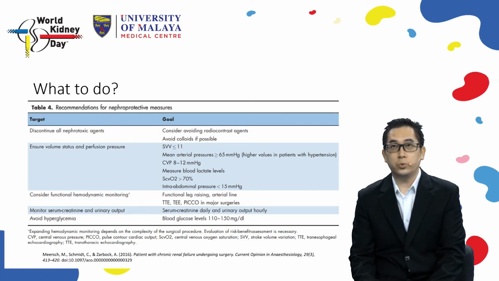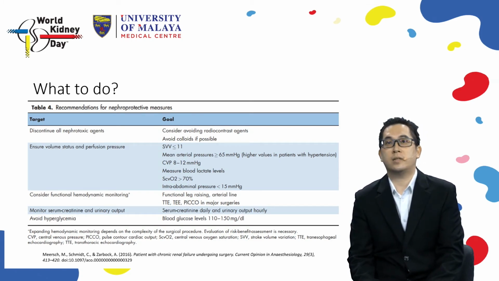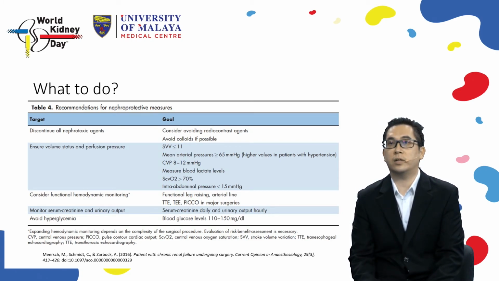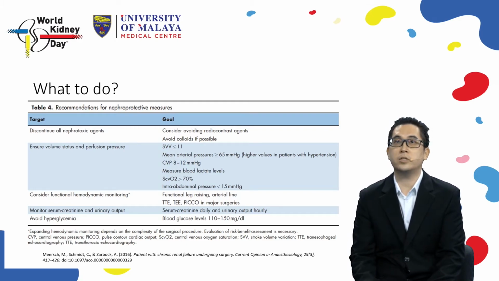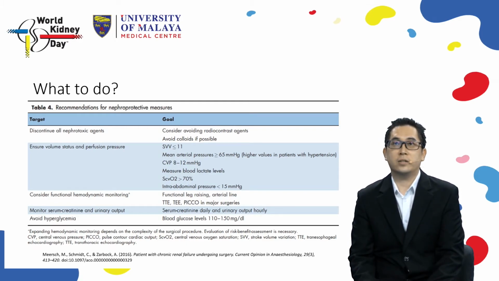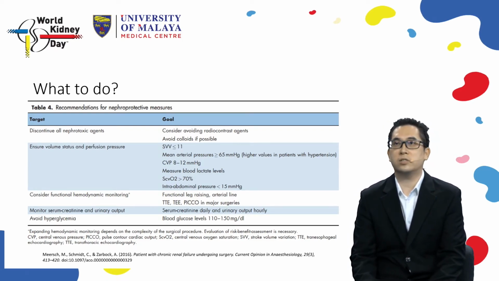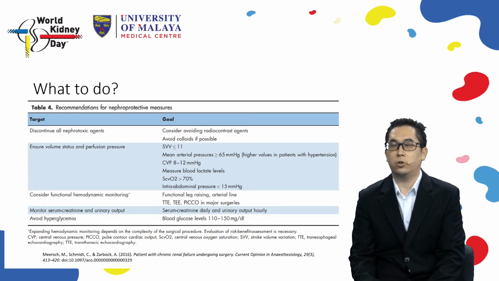Coming to what to do for these patients, this is extracted from a review article in 2016 from Mersch, and the target is actually to discontinue all nephrotoxic agents. So this would include the medication list that I have given before this. If possible, avoid radio contrast agents, avoid colloids if possible, use crystalloids, and especially starch-containing colloids are a no-no.